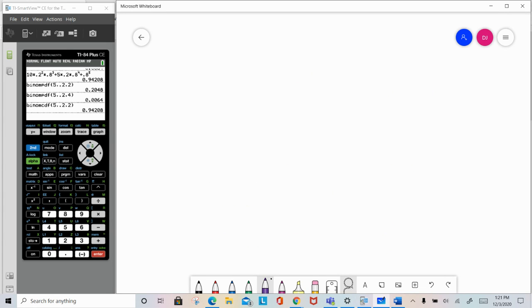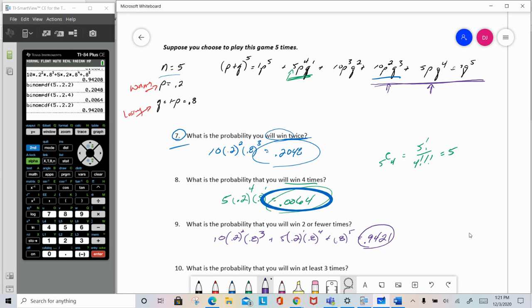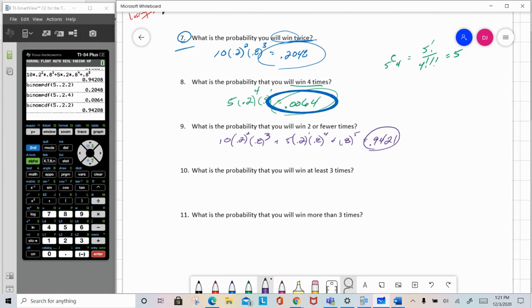So number 10, whoops, where did I go here? Okay, so for number 10, what's the probability that you will win at least 3 times? So if I sketch this out, we can win 5, 4, 3, 2, 1, or 0 times. I want to know the probability that I will win 3 or more.